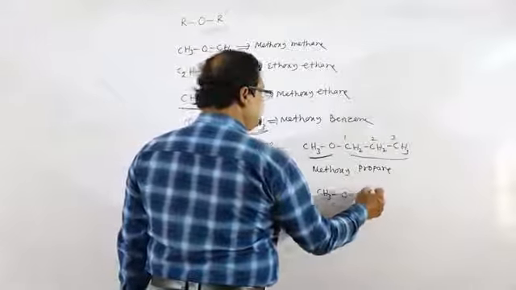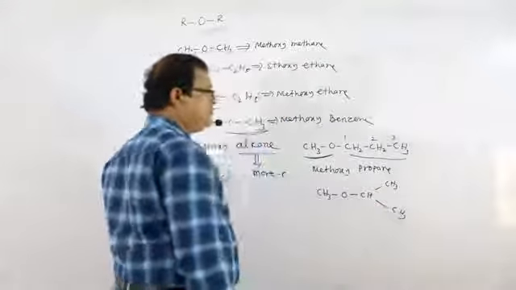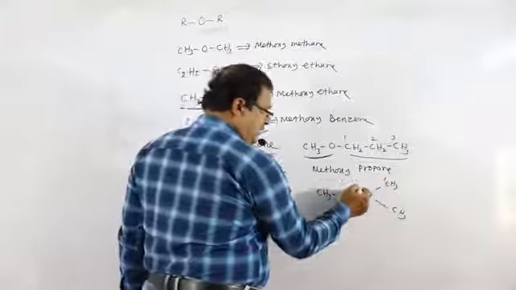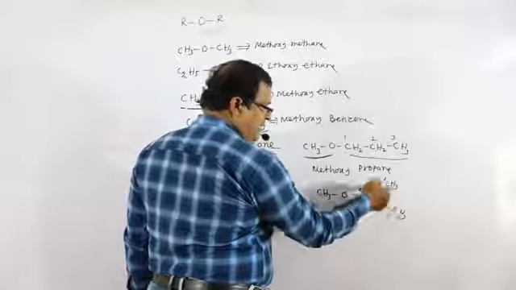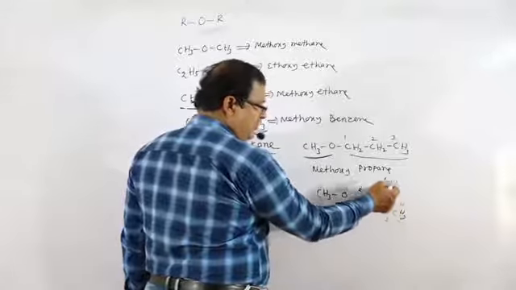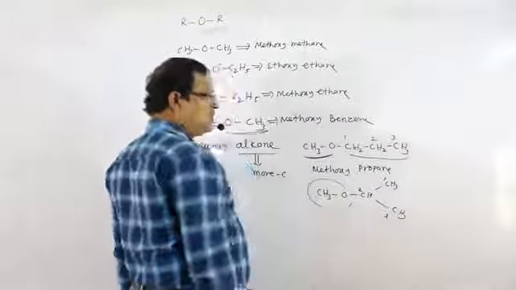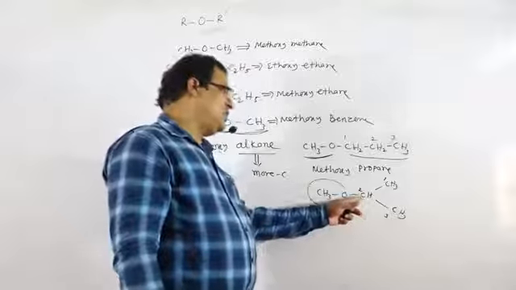Or if you take CH3OCH(CH3)CH3, this is the alkane part that contains 1, 2, 3 carbon atoms. The presence of 3 carbon atoms is known as propane, and this is the methoxy group. The methoxy group occurs at position 2.